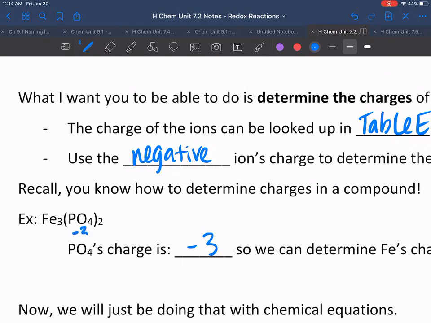If this is -3 and there are two of them, the overall contribution is -6, right? If we need our compound to be neutral and we have 3 irons, this +6 that we need has to be divided among the 3. So each iron has a +2 charge.